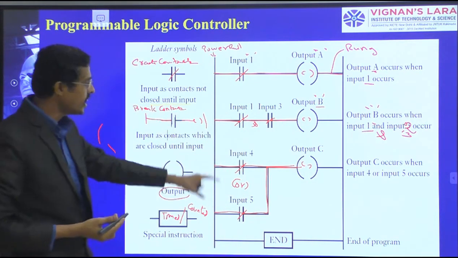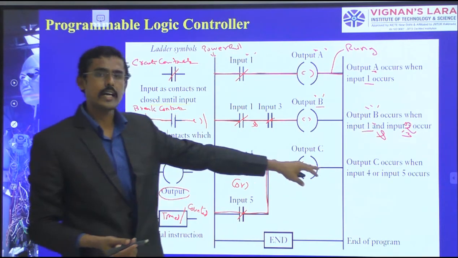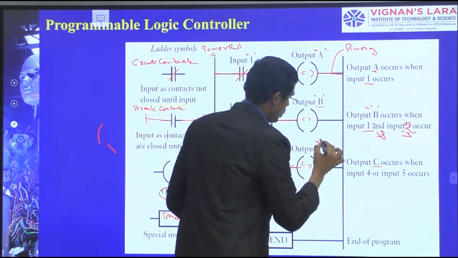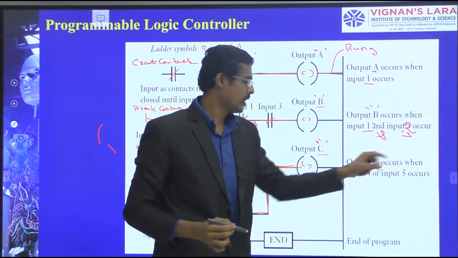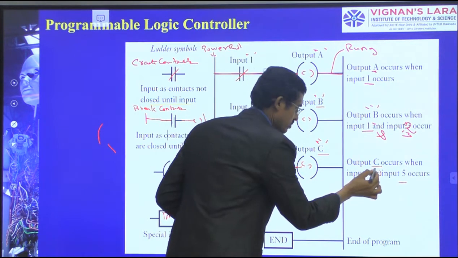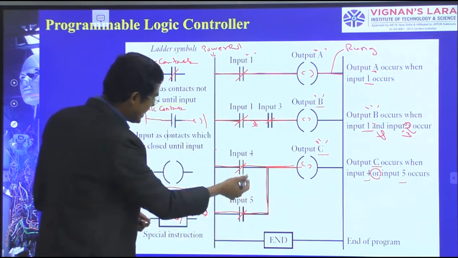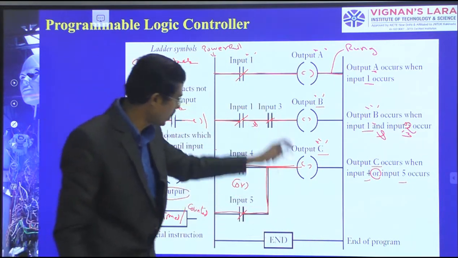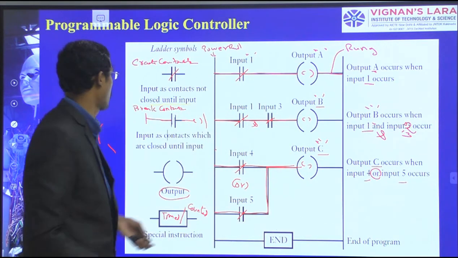It means in an either-or connection we can activate the output. Output C occurs when input 4 or input 5 occurs. This is the OR function. At last I have the end rung, which you should mention in such a way that the program is closed, the end of the program.